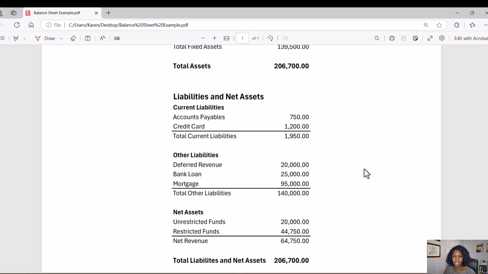So you'll have a grantor that will provide you $20,000 upfront to deliver a service. However, you've not delivered that service yet. You've not used the funding yet. And so until you use it, it'll just sit as a liability account until you start using that funding.